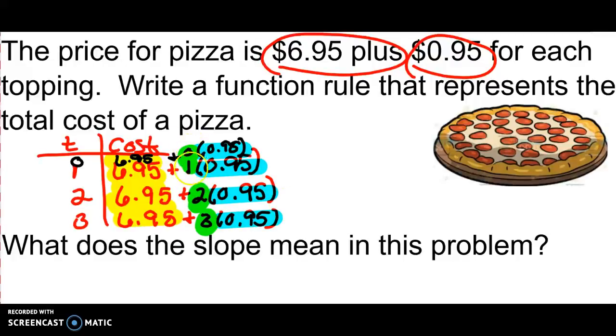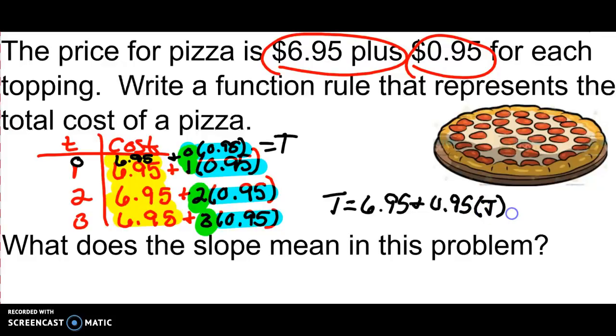So whatever my variable is, whatever's changing, that becomes my variable or my letter in my equation. So now I have my total cost. So this would equal whatever my total is. So my total cost is going to be $6.95 for my pizza plus 95 cents per topping, depending on how many toppings I have.